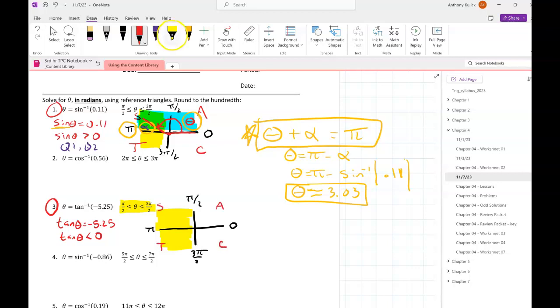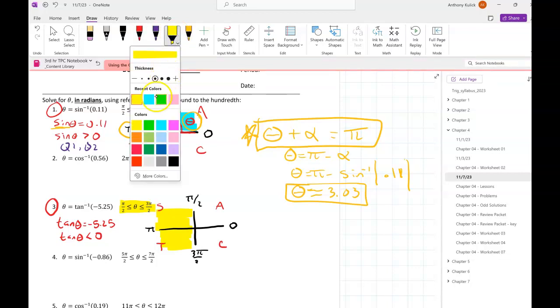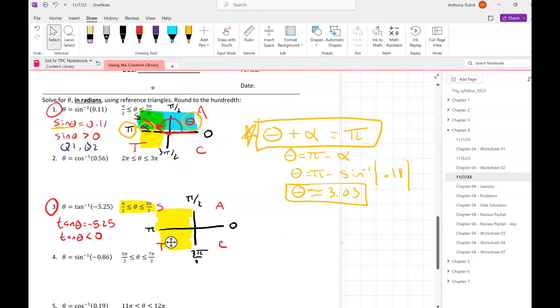It'd be quadrant 2. Correct. So the two places where tangent is negative, isn't it 2 and 3? It's just 2, tan's positive... Tangent is negative in quadrants 2 and 4. It is.